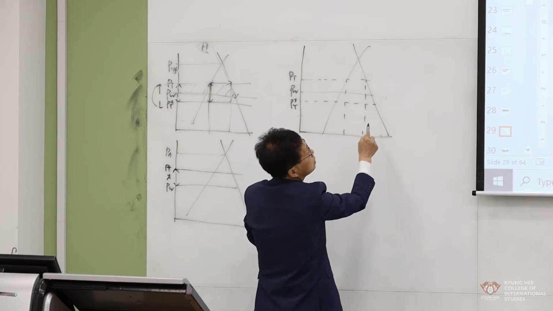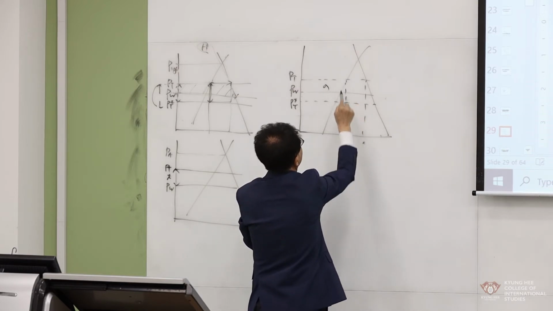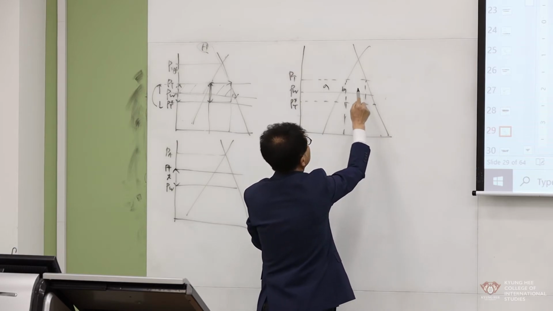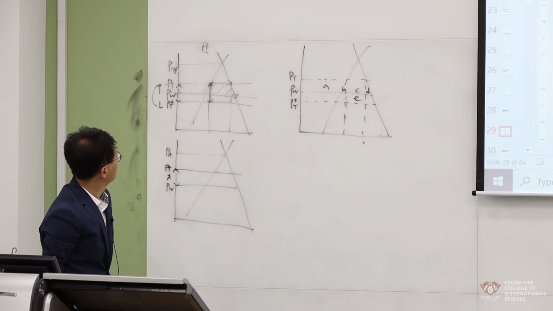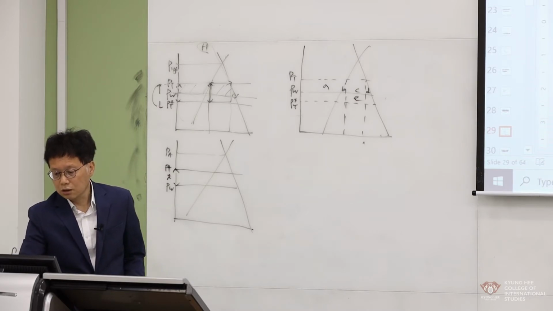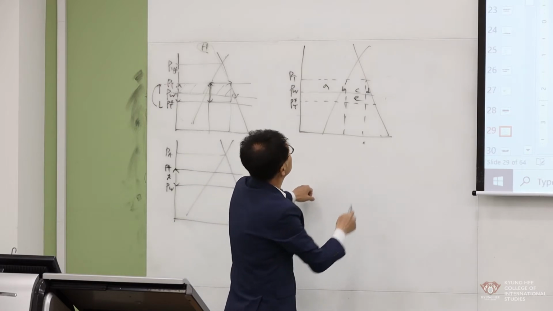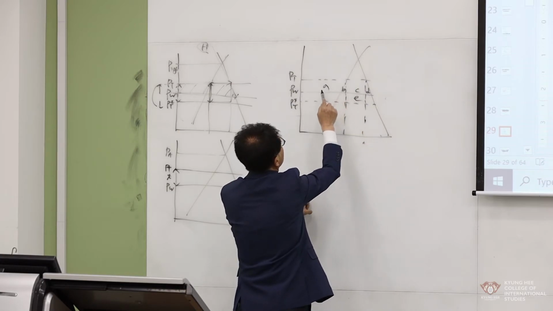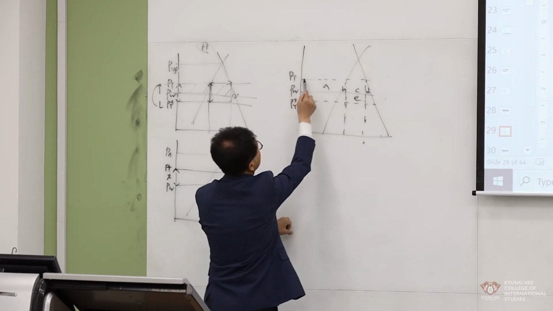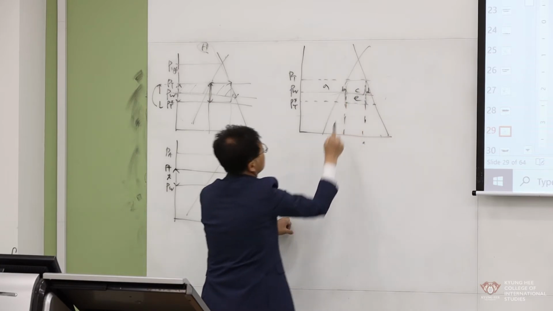That is A, B, C, D, E. So now I'd like to explain using figure 9.9 again, like this. This is area A, B, C, D, E.